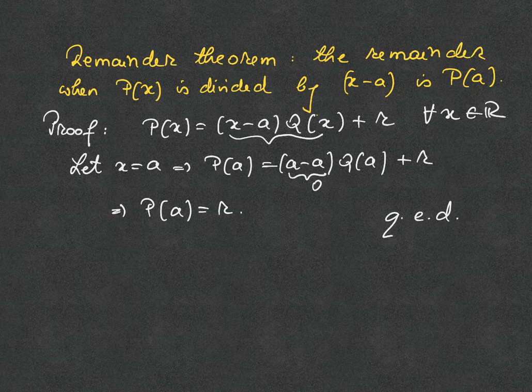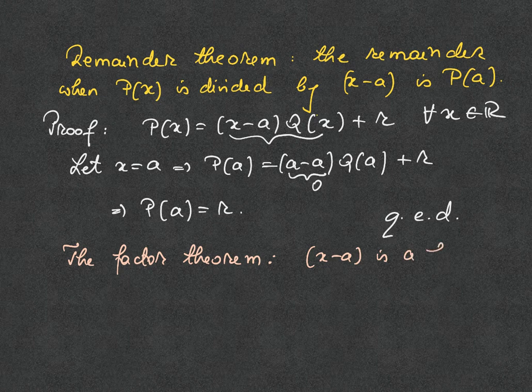This brings me to the next theorem, and the next theorem is immediately from this one, and it's called the factor theorem. I'm going to start it and you are going to continue it. x minus a is a factor of p of x when, think a bit, when p of a is 0.